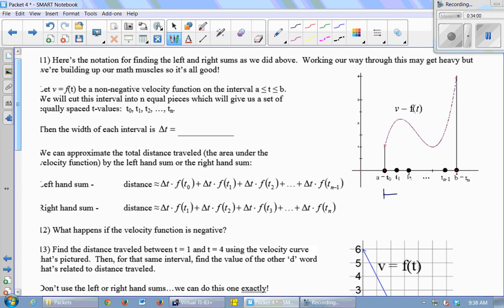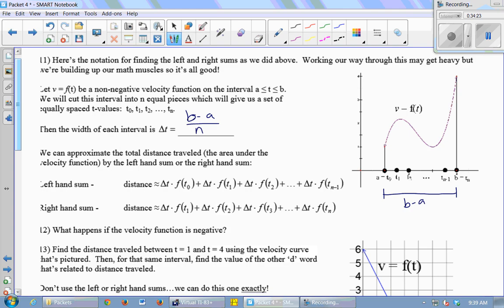Yes. So this whole interval would be b minus a. So I'm going from a to b, and then I'm breaking it into n pieces, so this would be b minus a over n. Good. So that's the width of each interval, which is going to be the base of each rectangle. B minus a over n is my delta t, the base of each rectangle.